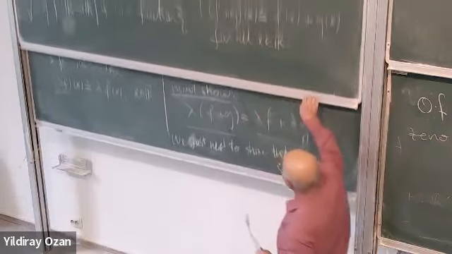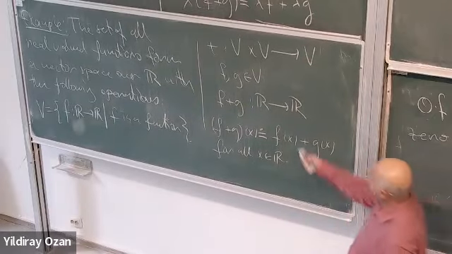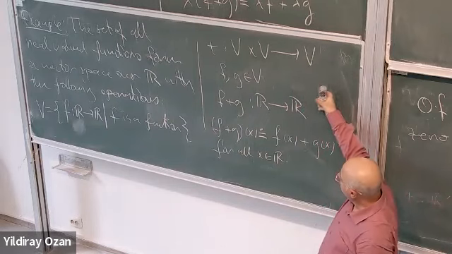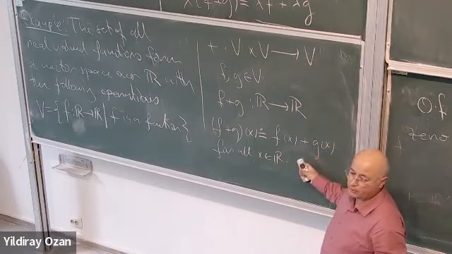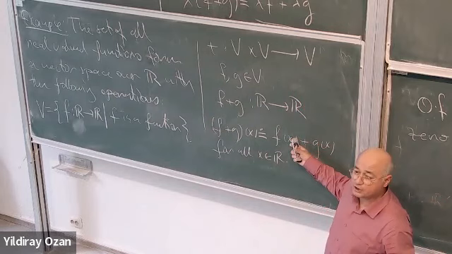This here, we said this is an abelian operation, but I didn't tell you what is the 0 element or identity element of this operation. What is the 0 function?